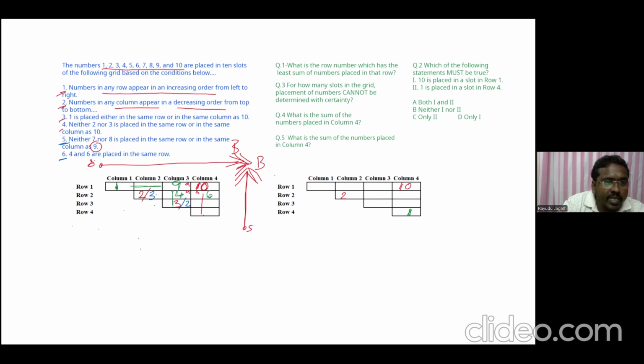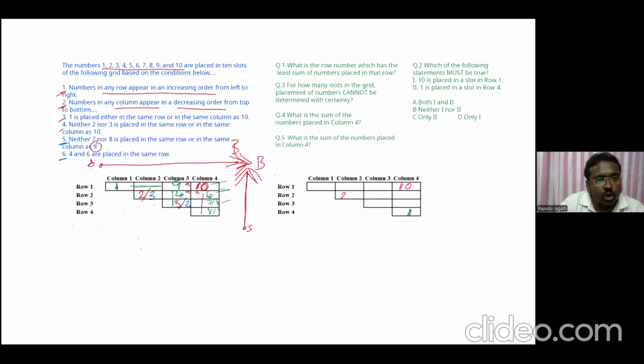And what are the remaining numbers? 5, 7, 8. So 7 and 8 cannot be occupied in the row and column corresponding to that. So these two should be 8 and 7. So 7 and 8, 8 and 7 can be occupied, meeting the condition. No. Here it is 6 and this is 10. 10, 6, 7 and 8 violating the condition.